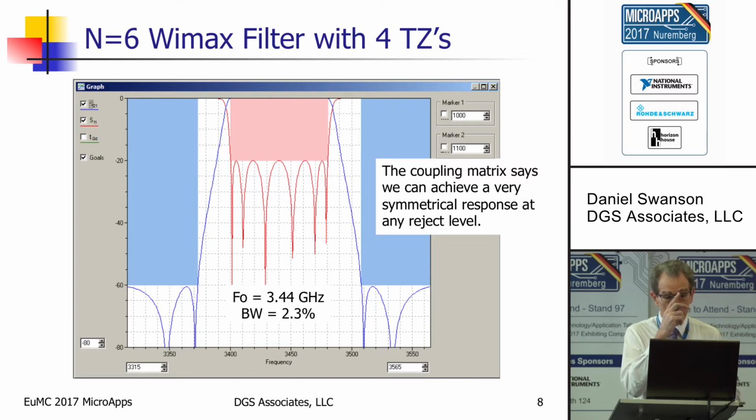So here, let's look at an n equals 6 filter. This happens to be for the WiMAX band, and we're going to use the folded form here, and we're going to add a cross coupling between these two resonators and another cross coupling between these two. This is an 8, but we're going to design a 6.